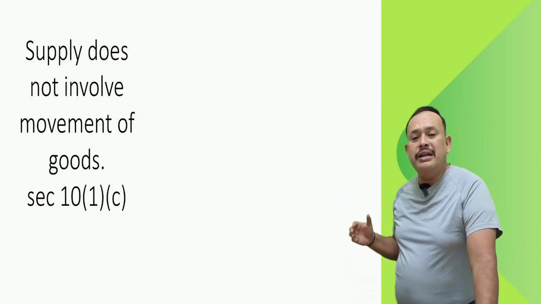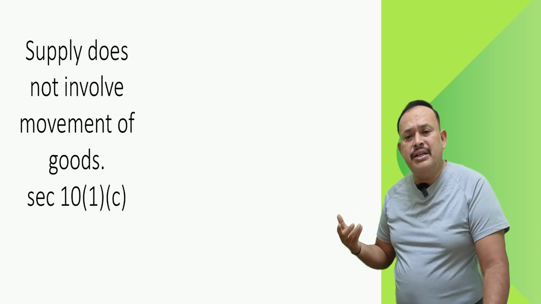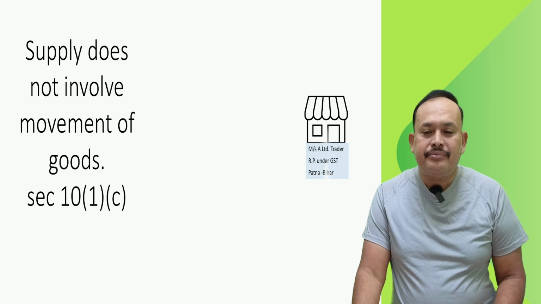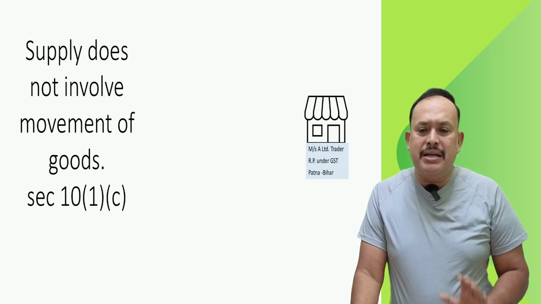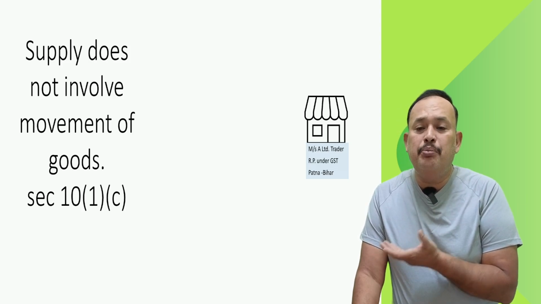Supply does not involve movement of goods. How to understand this? Very simple, my dear sir. Look here. A Limited, a trader who is a registered person under GST, is located in Patna, Bihar.